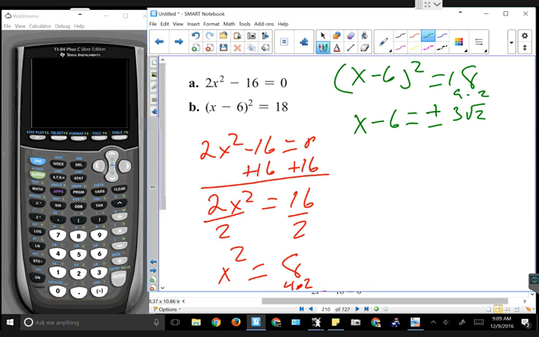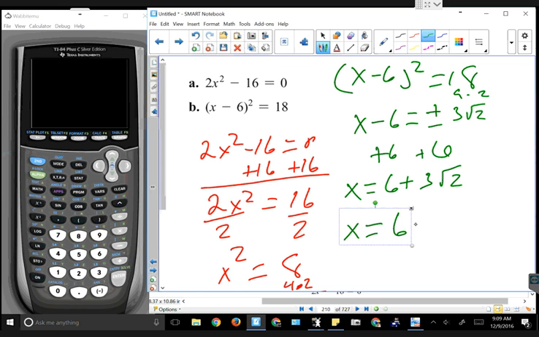Square root 2. Now, in this instance, I am going to have to create two problems because I have to add 6 to both sides. So that means that x is either going to be equal to 6 plus 3 square root of 2, or x is going to be equal to 6 minus 3 square root of 2.